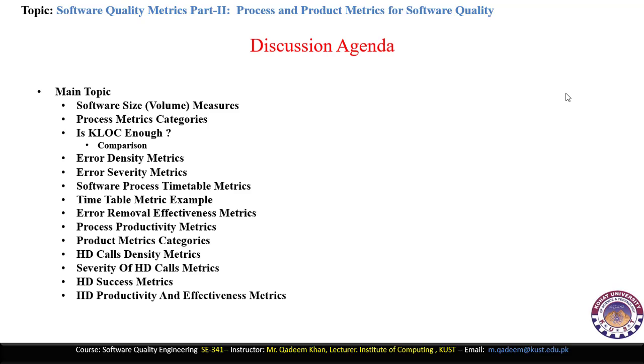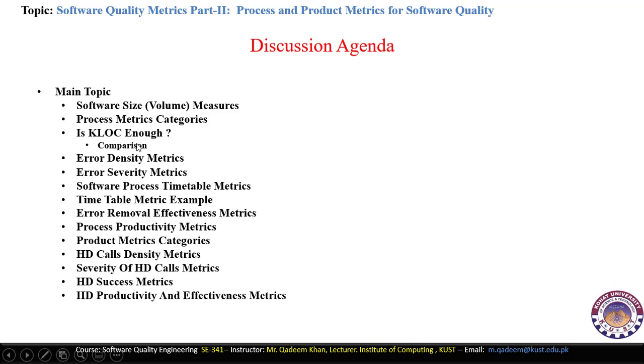This is the discussion agenda. It contains the topics of software's size, volume measurements. Here we will show you how to measure the volume of the program. Then we have process metrics categories. So here we will define different categories of the process metrics. Is kilo line of code enough? That means that we will discuss whether kilo line of code is enough or not.